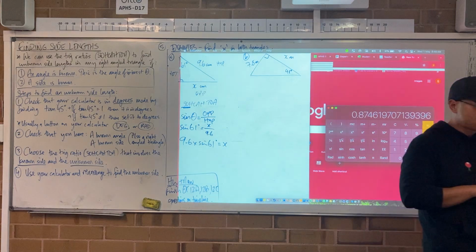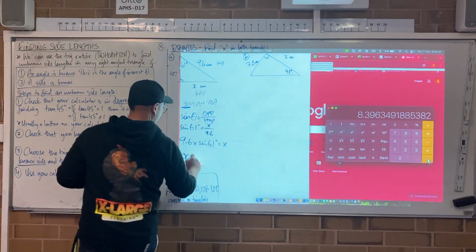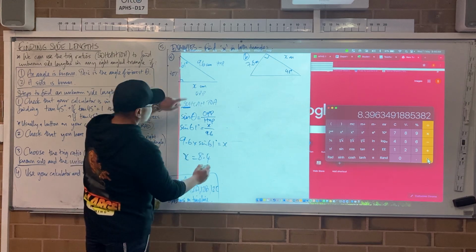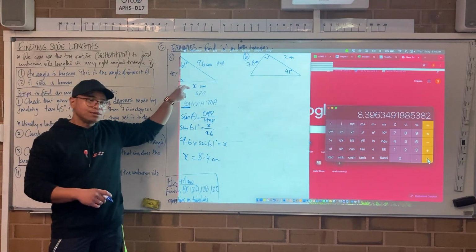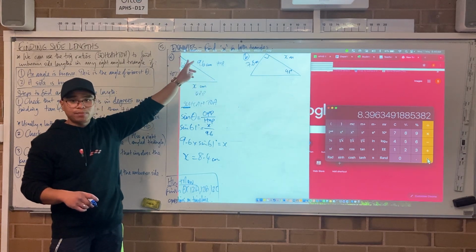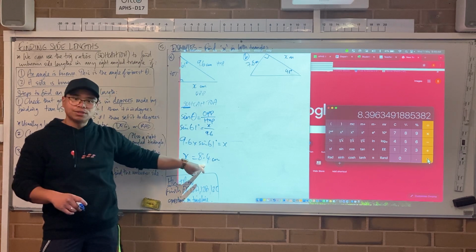What would I type now? Times by 9.6. So that's telling me x is 8.4 centimeters, which makes sense because in a right-angled triangle, the longest side is always going to be the hypotenuse. So this side should be slightly shorter.